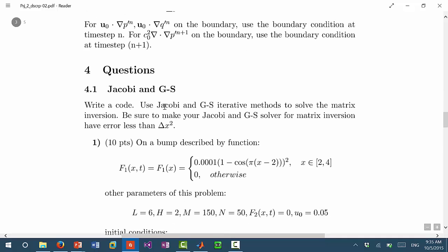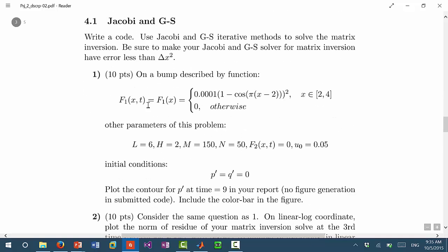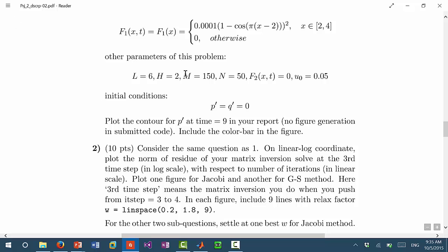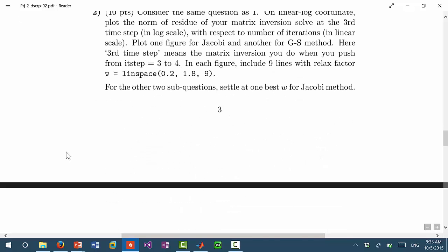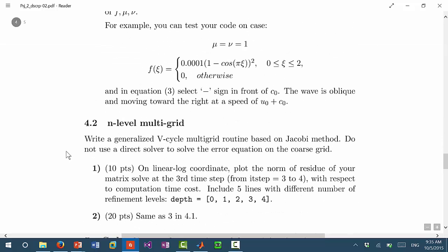And in question 1, in Jacobi and Gauss-Seidel, M and N is given for you, but on question 2, we neglected to give you M and N. We are going to give you the M and N for question 1, so that you can plot your stuff.